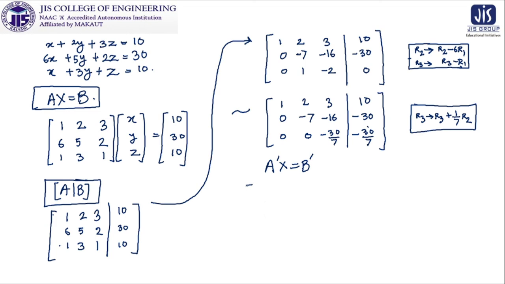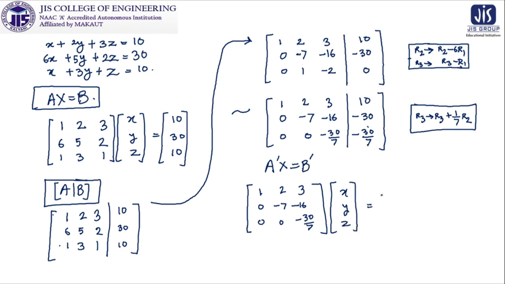For this case I can write A dash as 1 2 3, 0 minus 7 minus 16, 0 0 minus 30 by 7. Then my x will be as it was, x y z, and my new B dash is 10, minus 30, then minus 30 by 7.